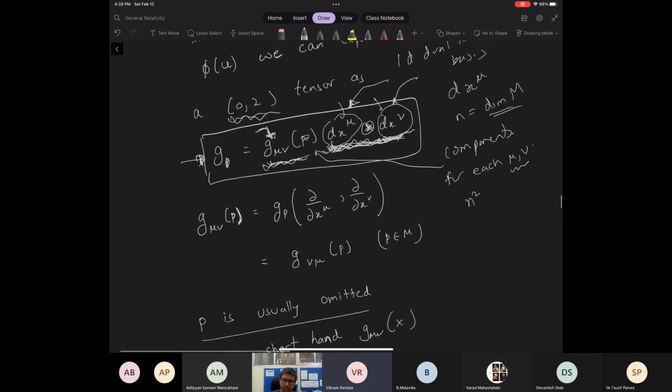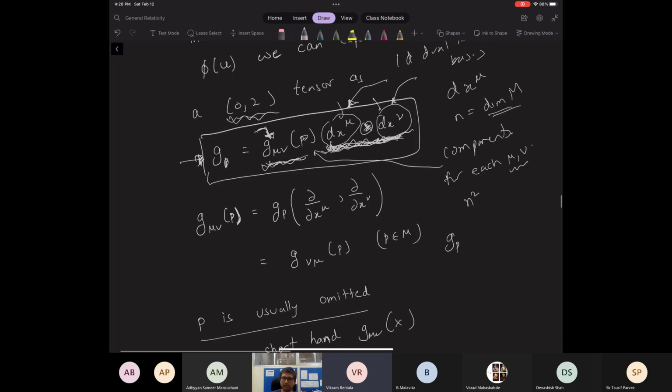So now what we can do is we can look, for example, at this GP. Since it's a 0-2 tensor, we can ask how does it act if I take vectors at the point P which are basis vectors. So that is, I take partial x mu and partial x nu. This is a basis vector. This is a basis vector. So I supply these as inputs and I ask what do I get as the output?